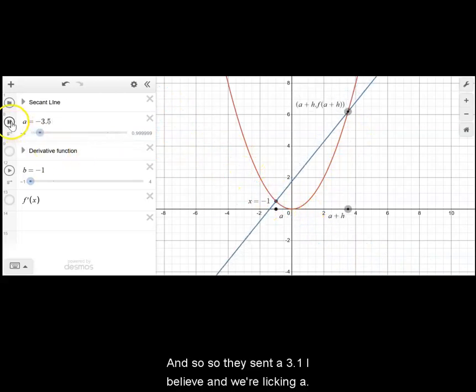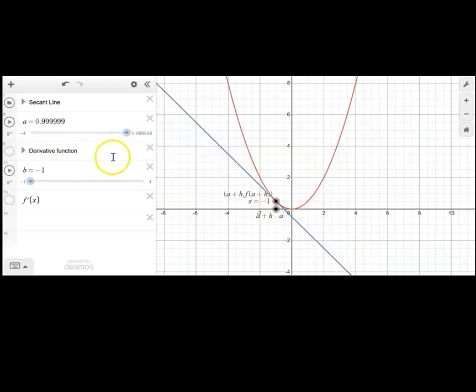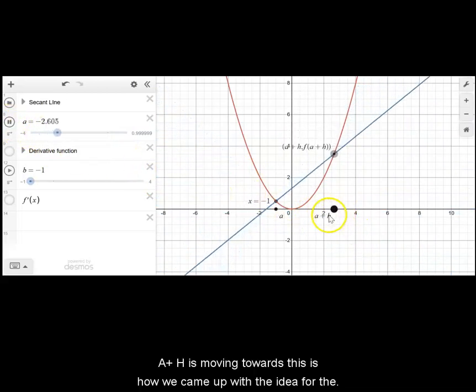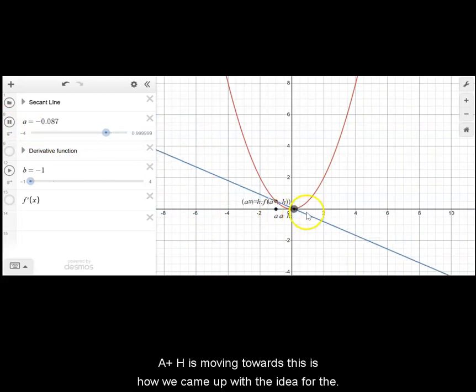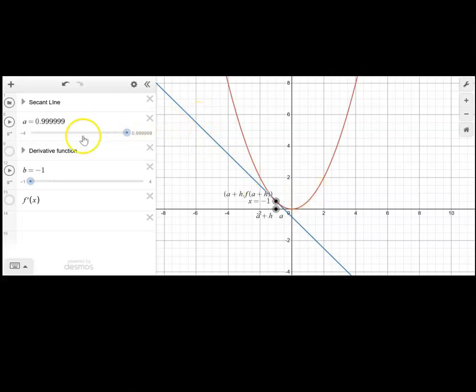And so we showed this in 3.1, I believe, and we're looking at how a plus h is moving towards a, right? So the distance is getting smaller. So this is how we came up with the idea for the derivative, okay, at a point.